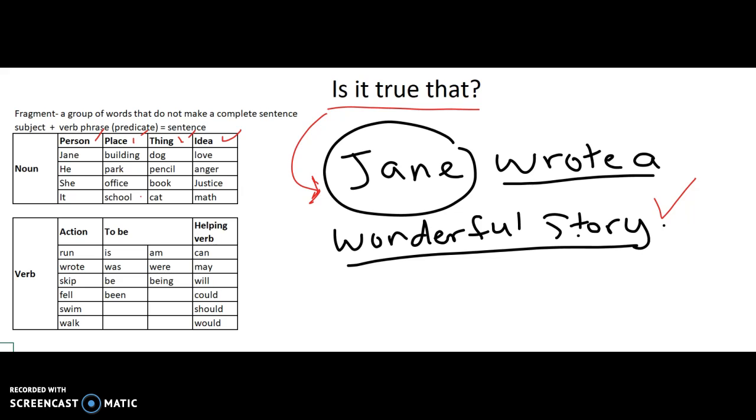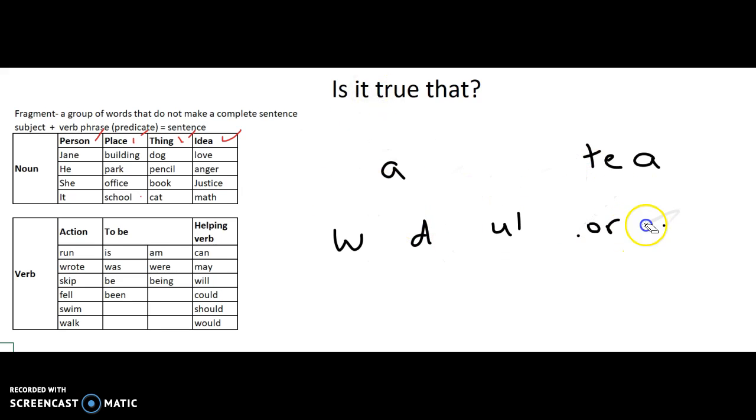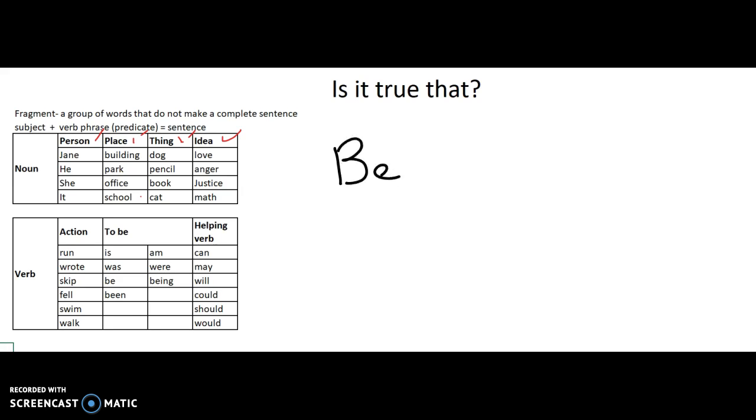Now let's try something that is not a sentence, all right? It's common that I see students write things like, Because he went there.